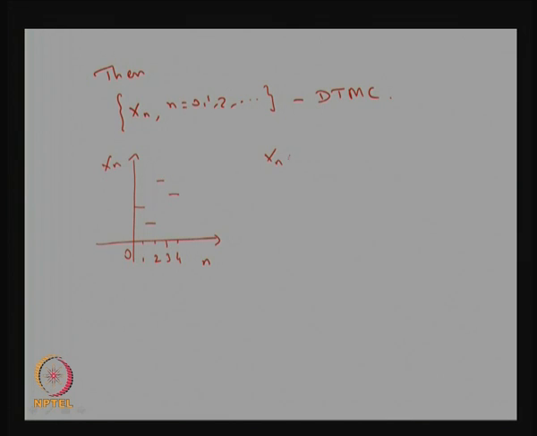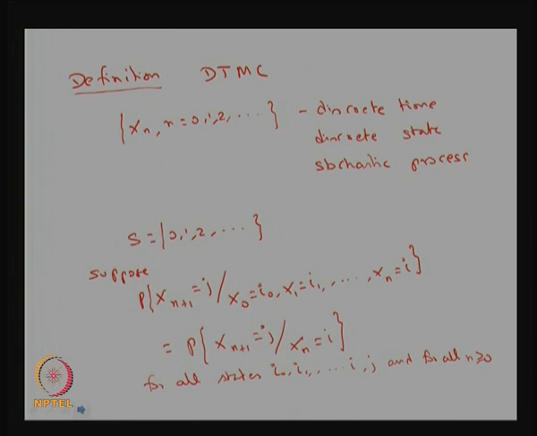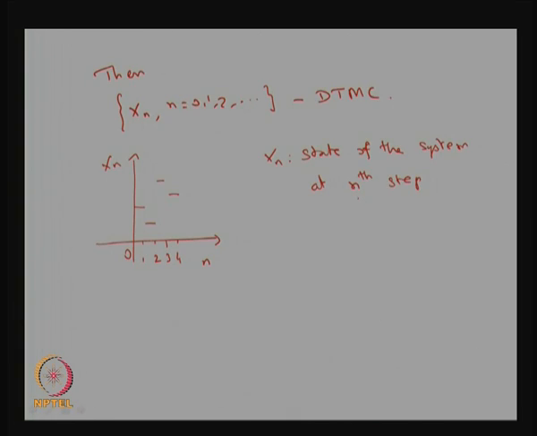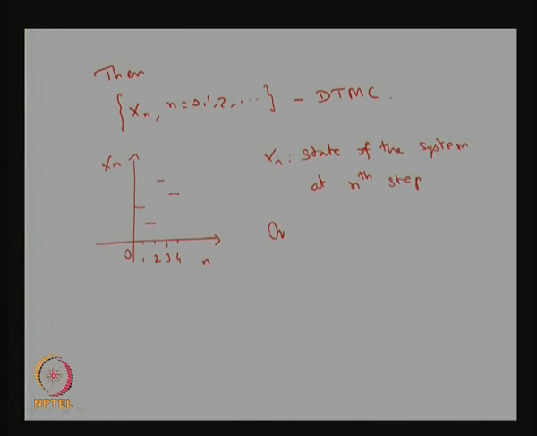Suppose you assume that X_n is the state of the system at the nth step or nth time point, and this X_n satisfies the Markov property. Then the stochastic process is called a discrete time Markov chain. Our interest will be to know two things.